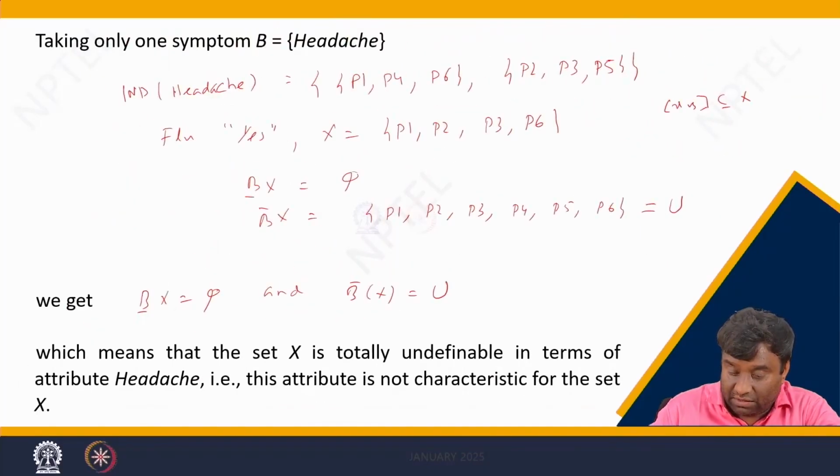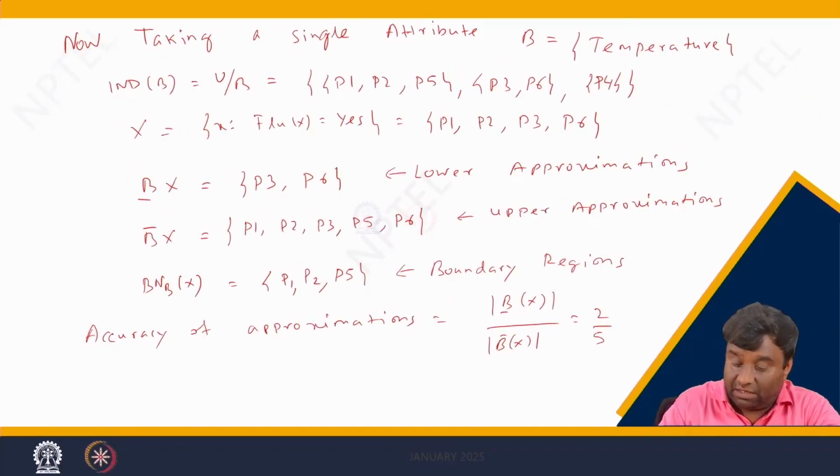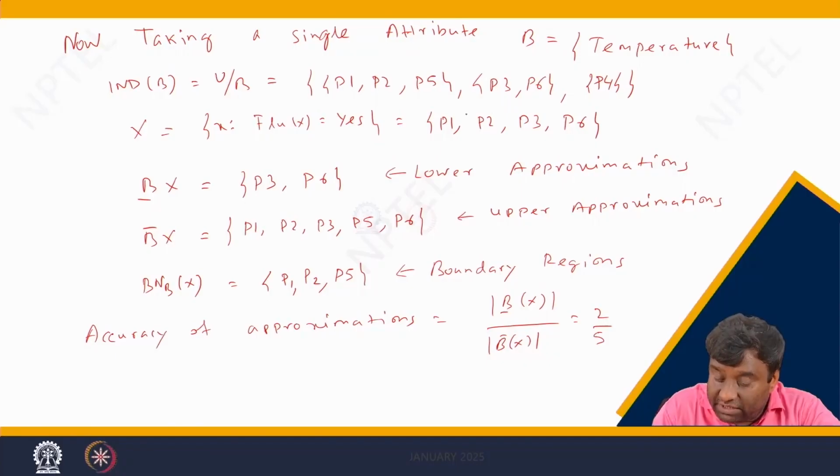The set X for flu yes is P1, P2, P3, P6. So for the lower approximation, take the subsets of these, and you get P3 and P6.